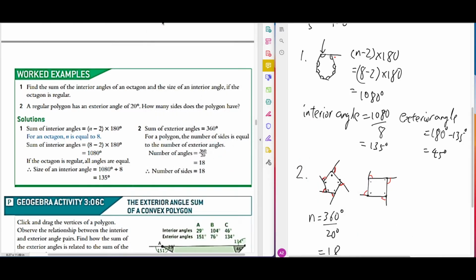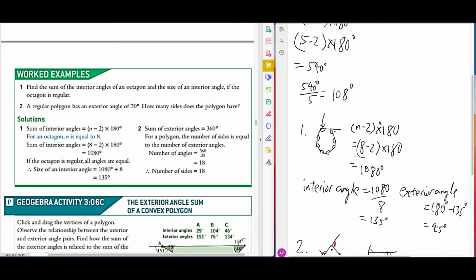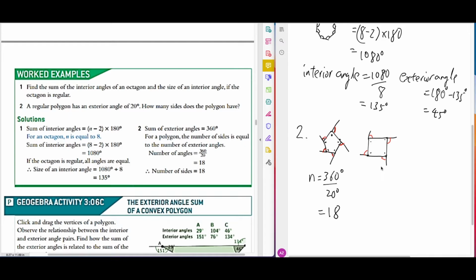So basically there are 2 formulas for you to know. The first formula is the sum of the angles inside a shape is n minus 2 times 180 degrees. And the second formula is the number of sides a shape has is equal to 360 degrees divided by the exterior angle. Once you know these 2 formulas, you should be able to do the exercises.